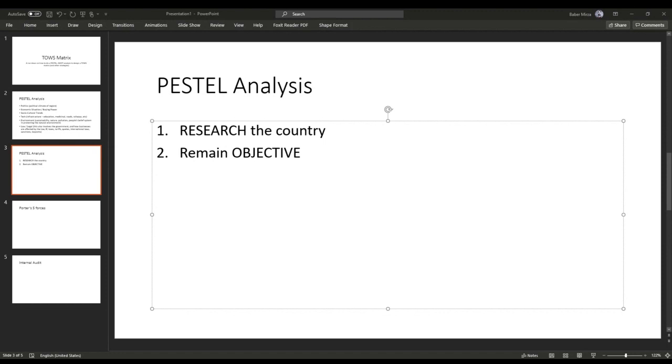So when we open a store, we would like to open it in a much more advanced metropolitan area where the population is more internationally exposed to foreign brands. Objectively, if I enter a market, the political part would be that these people in this region are much more open-minded and receptive to foreign brands, whereas most of India might be focused on national brands. So this is remaining objective.